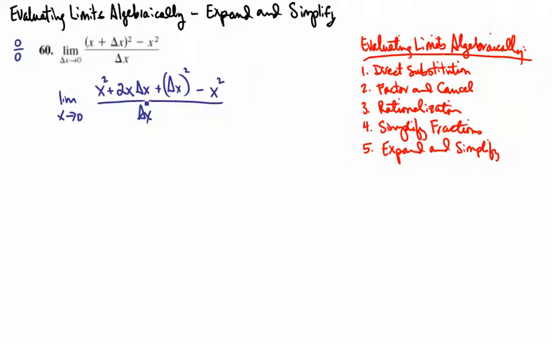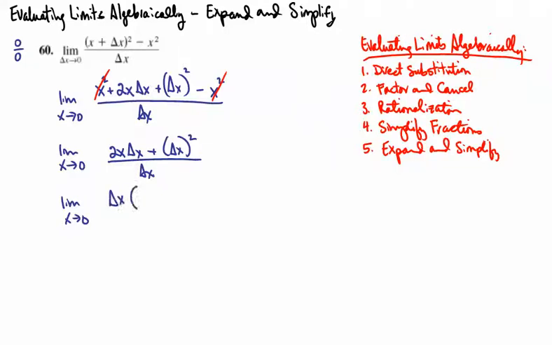So once we simplify that out, then you can see that at least something happens. The x squares disappear, they zero out, and we'll rewrite limit as delta x approaches 0 of 2x delta x plus delta x quantity squared over delta x. You might see that now we can factor out a quantity delta x.